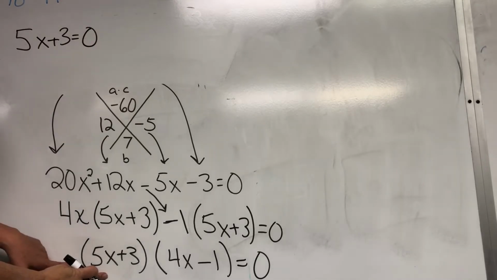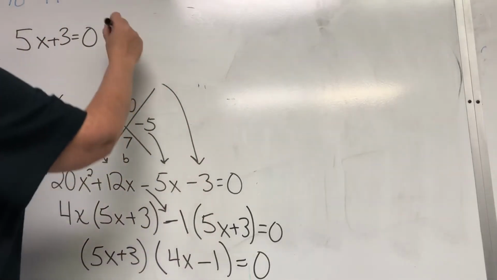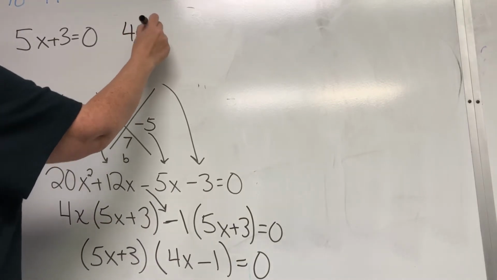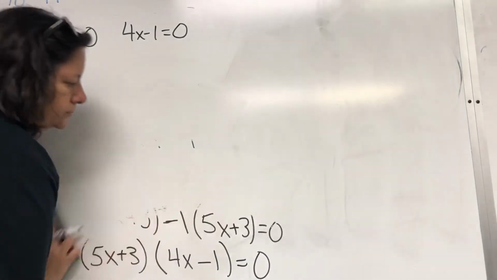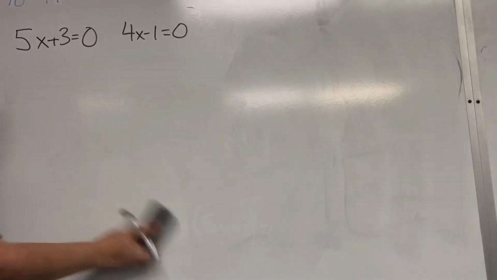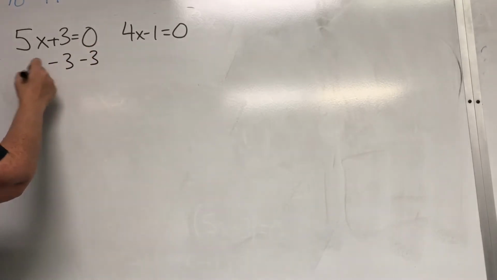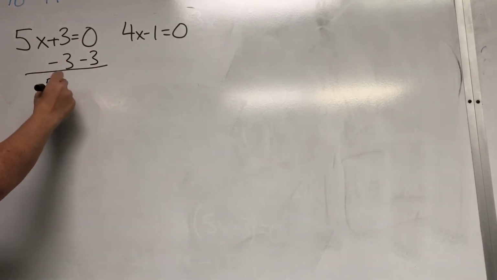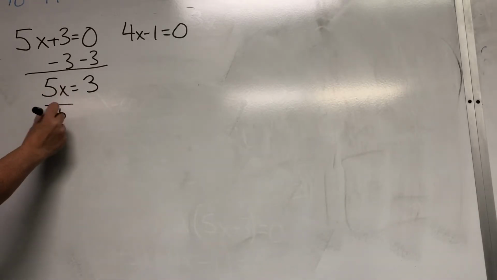So I took this factor, 5x plus 3, and set it equal to 0. I'm taking this factor, 4x minus 1, and setting that equal to 0. Here, I subtract 3 from both sides. Then to solve for x here, I divide both sides by 5.